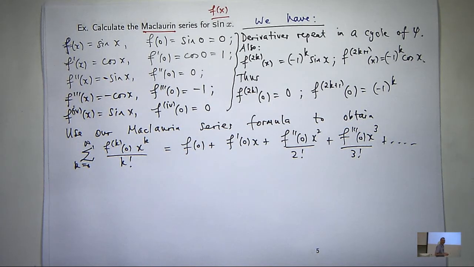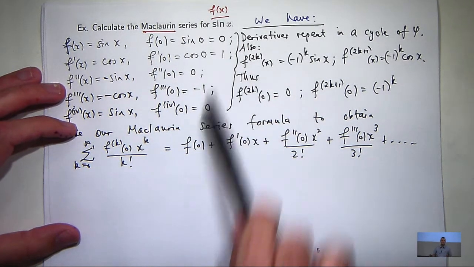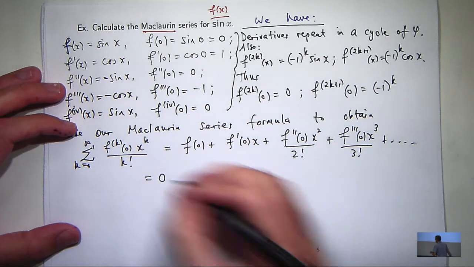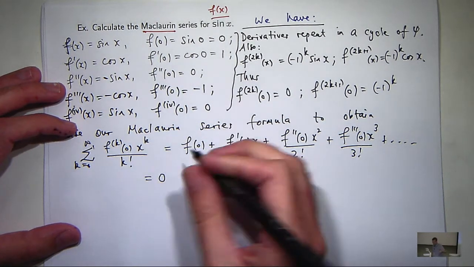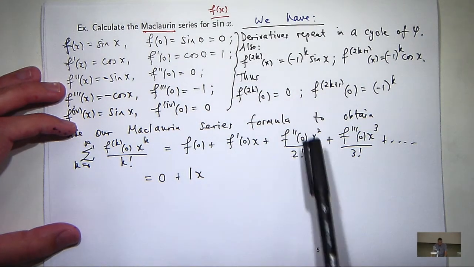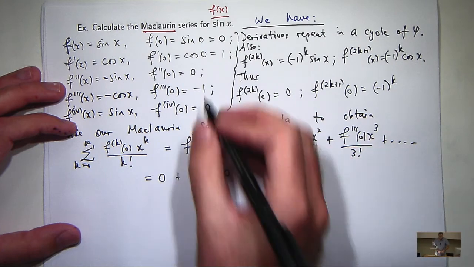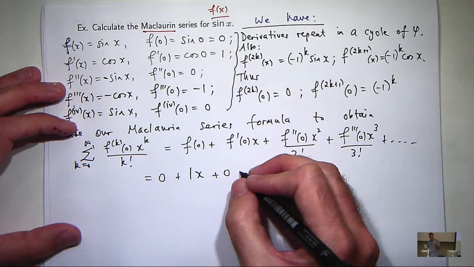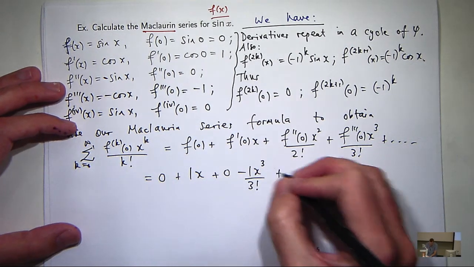F prime of 0 is 1, so that's going to be 1 times x. F double prime of 0 is 0. And then F triple prime of 0 is minus 1. So what I'm going to get is the following.